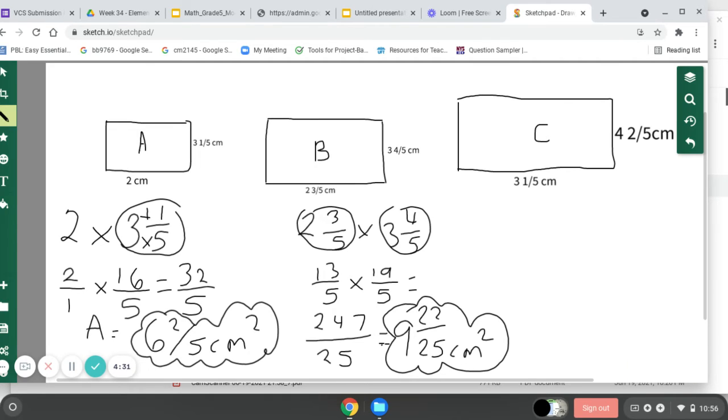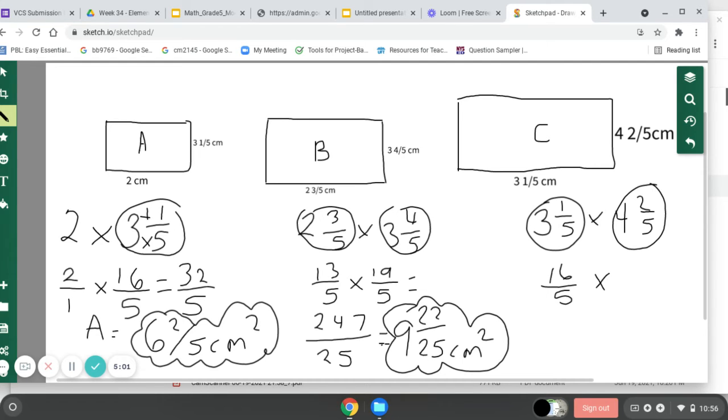Now we need to do rectangle C. So again, we are going to take the length and the width, and we are going to multiply them. So we have 3 1/5, and we're going to multiply that by 4 2/5. So my 3 1/5 becomes 16 fifths, and my 4 2/5 becomes 22/5.